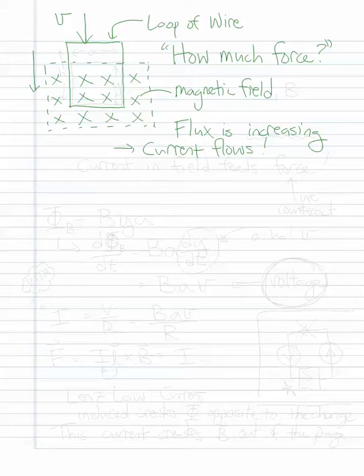Well, we know that a current in a magnetic field feels a force. And so it's in fact that force that we have to counteract. Pretty cool, huh? Okay, so let's see if we can kind of tease this out.